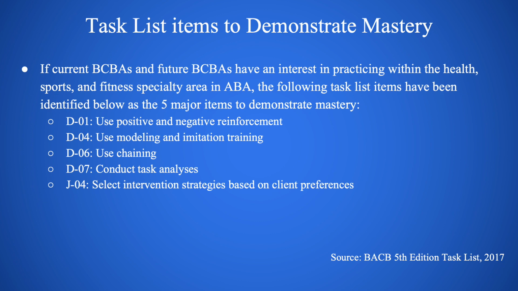So mastering creating and implementing a task analysis with those who are looking to increase their physical activity and exercise and sport performance. And the last task item is J4, selecting intervention strategies based on client preferences. So again, being able to master and conduct preference assessments to identify what activities, physical activities, exercises, or sports individuals enjoy or prefer.